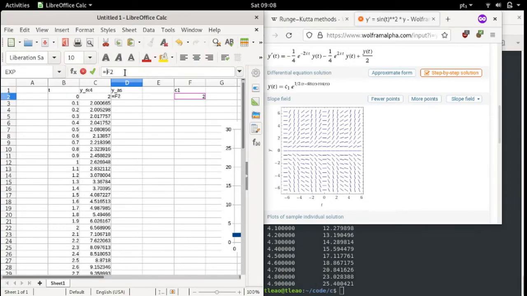C2 times exponential of 0.5 times t, which is this here, minus sine of t times the cosine of t. Okay, so this is the analytical solution.